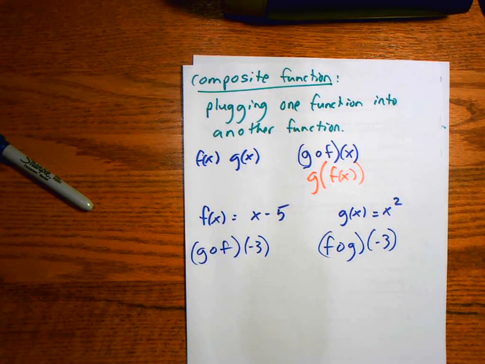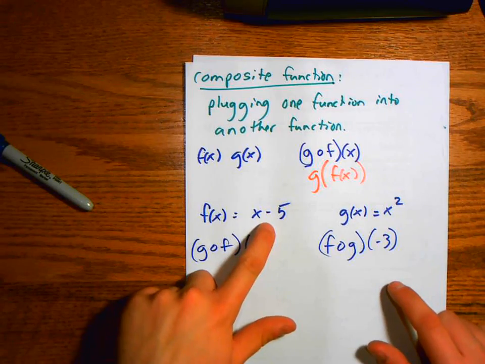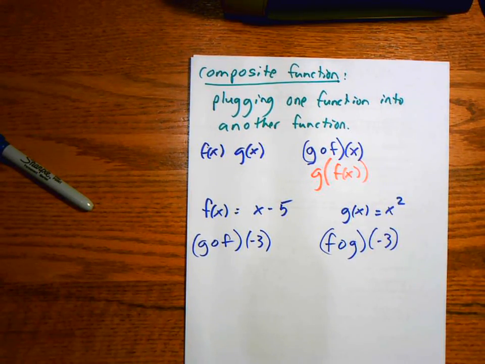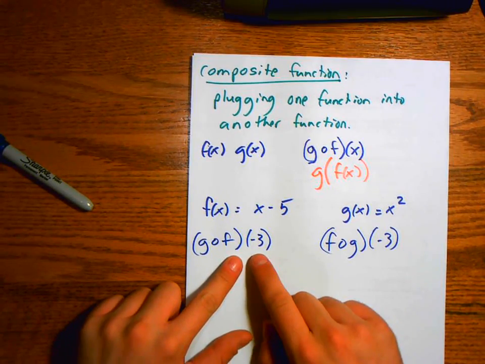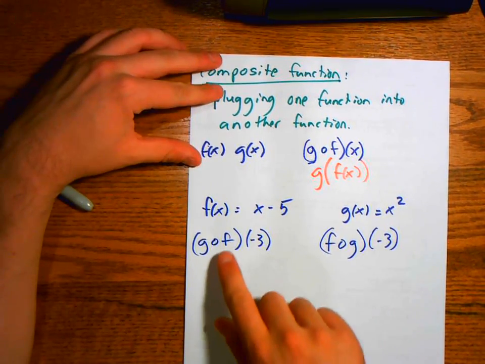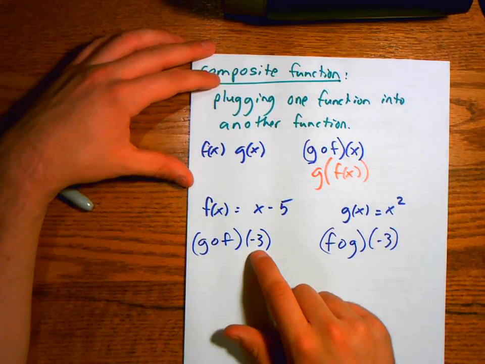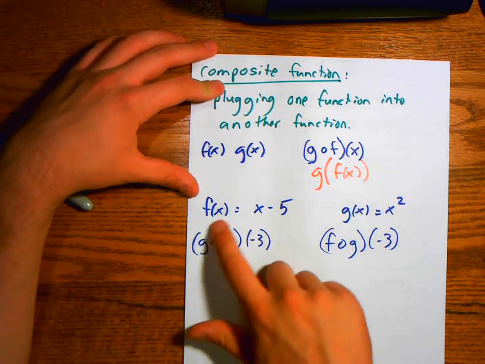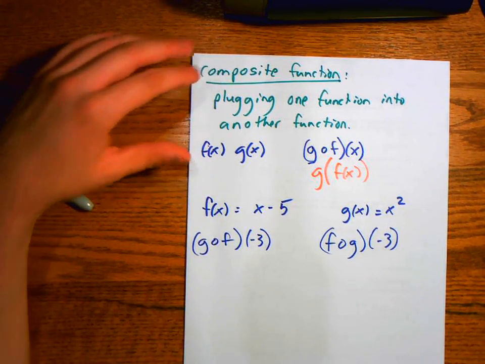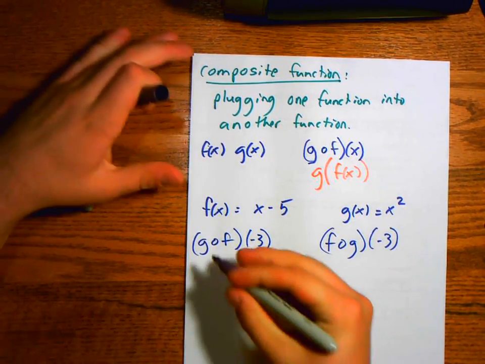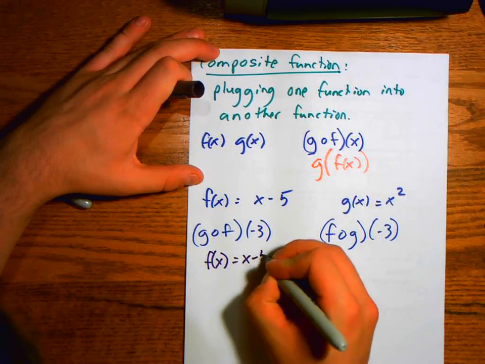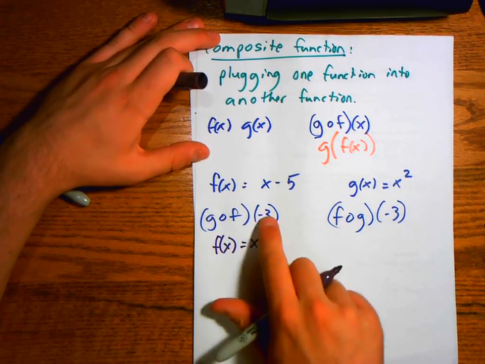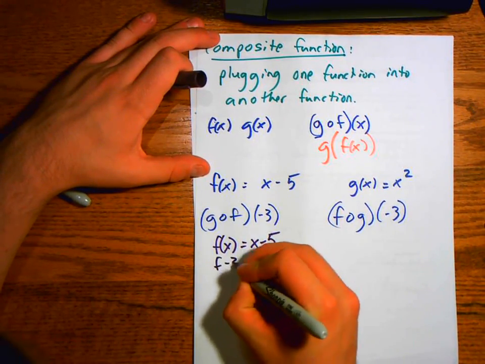Now if we look at the first example, two different functions, an f of x is x minus 5 and a g of x is x squared. So if we're trying to find g of f of negative 3, what we're actually doing is evaluating f at negative 3 first and then plugging it into our g function. So if we take our f of x and wherever we see an x, we plug in a negative 3.